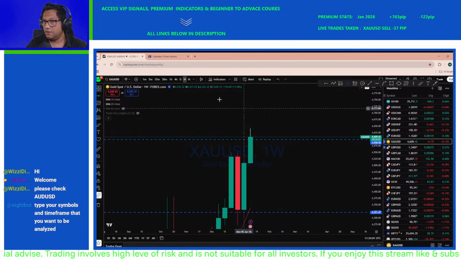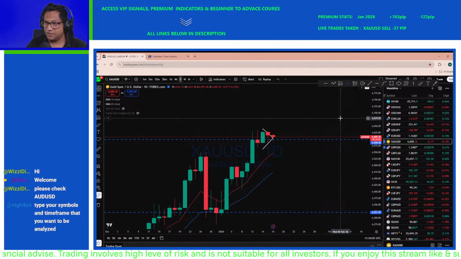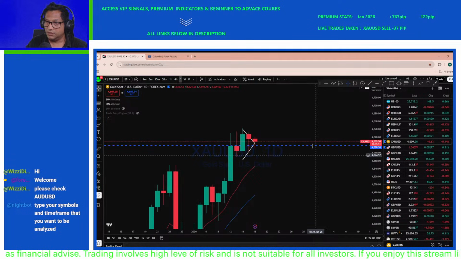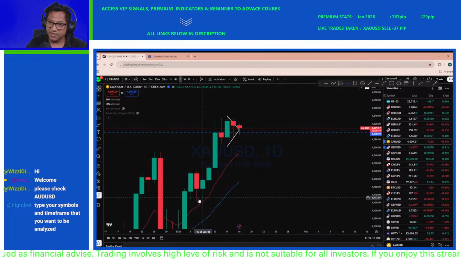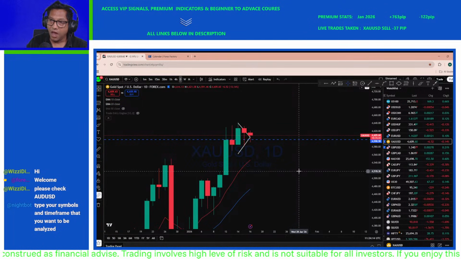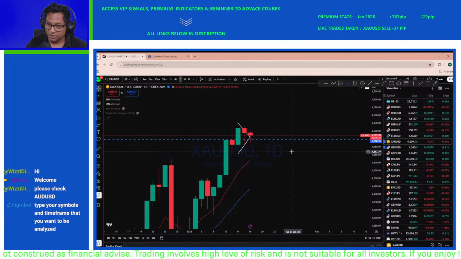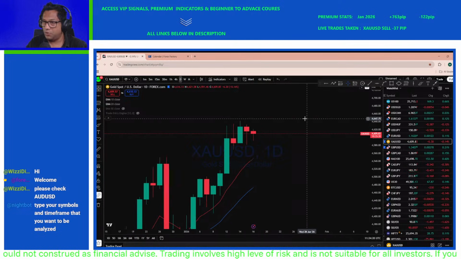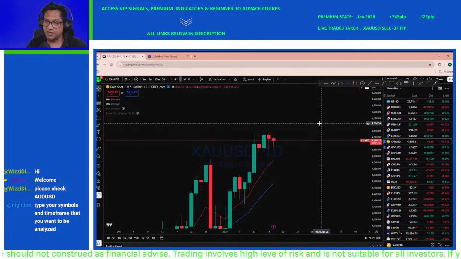On the daily chart, if we look at the daily market structure, this is the daily price action where the market is maintaining a series of higher highs and higher lows, which is an uptrending market structure. Let's look in depth at the daily market structure here.